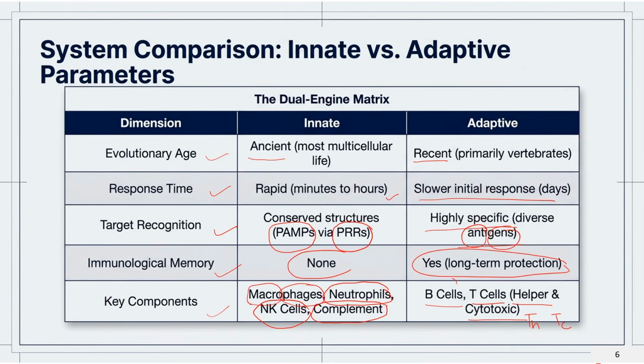Just summarizing adaptive immunity: it is slow because it generates a memory immune response slowly, but it is very specific towards the type of antigen entering, and it gives a long-term memory response.